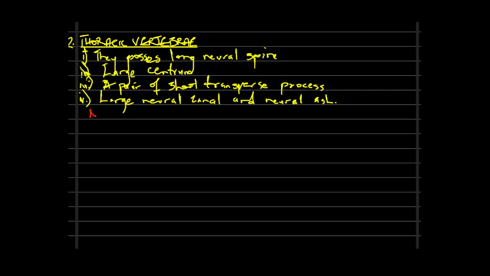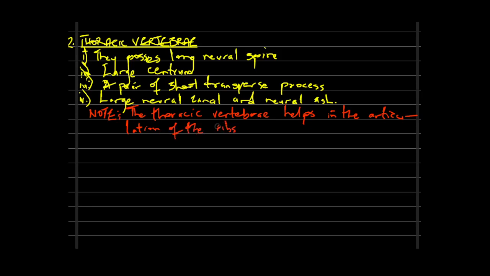Note, the thoracic vertebrae helps in the articulation of the ribs, as well as assisting in breathing alongside the ribs.